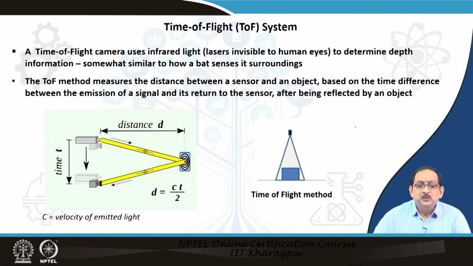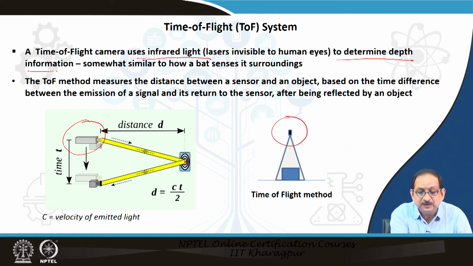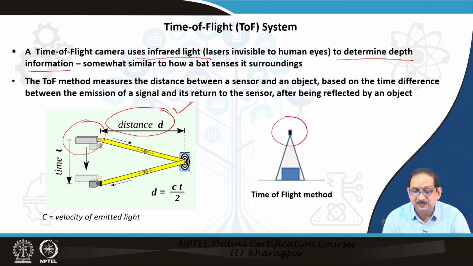Let us come to the time of flight system. A time of flight camera uses an infrared light to determine the depth information, somewhat similar to how a bat senses its surroundings.